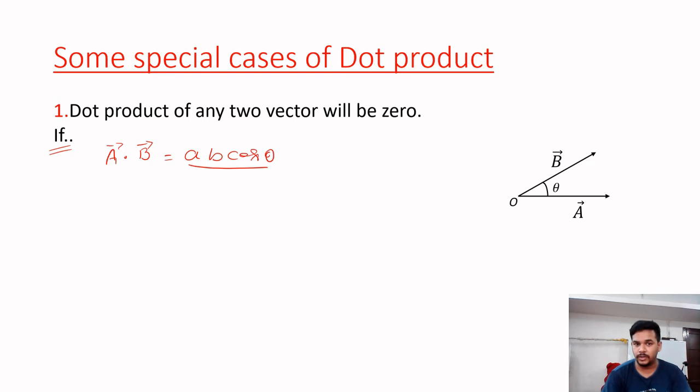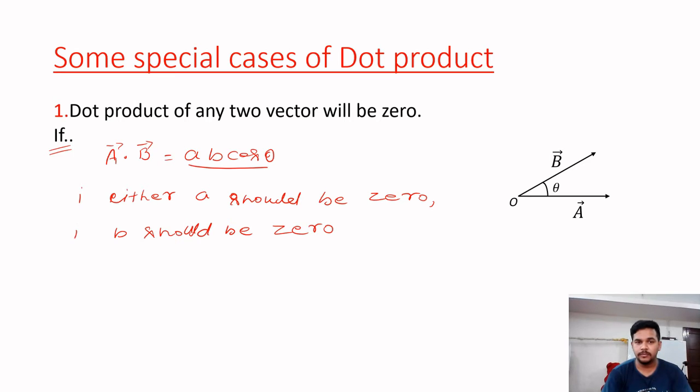Now in which case is the dot product going to become 0? Sub case 1: either A should be 0, sub case 2: or B should be 0, and third: or the angle between them, theta, should be equal to 90 degrees.